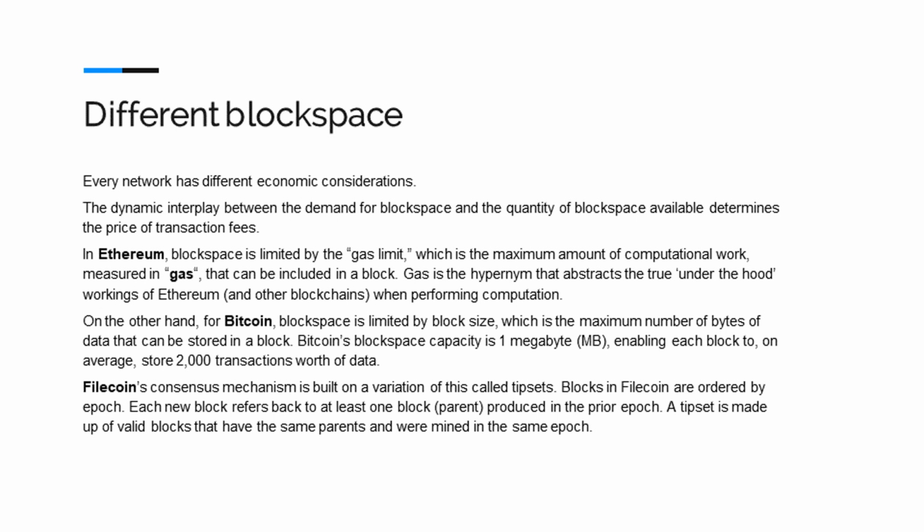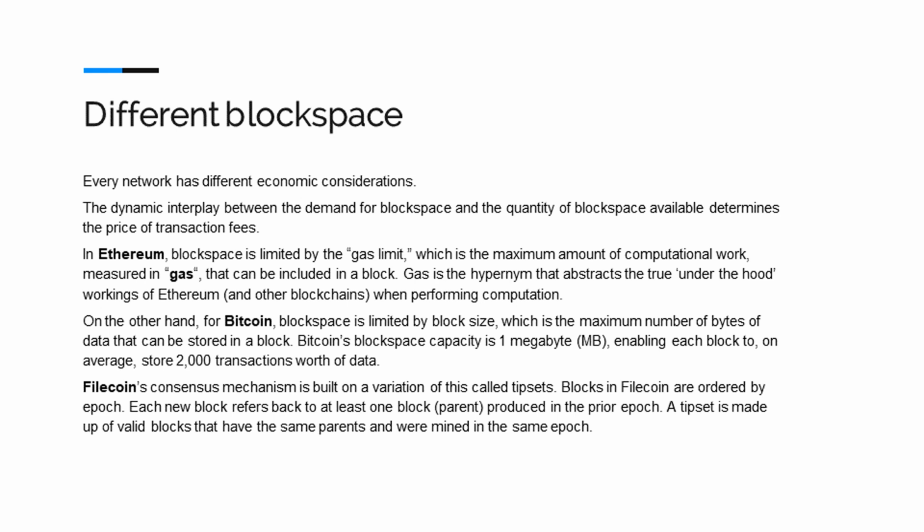On the other hand, for Bitcoin, Blockspace is limited by block size, which is the maximum number of bytes of data that can be stored in the block. Bitcoin's Blockspace capacity is 1 megabyte, enabling each block to, on average, store 2,000 transactions worth of data.